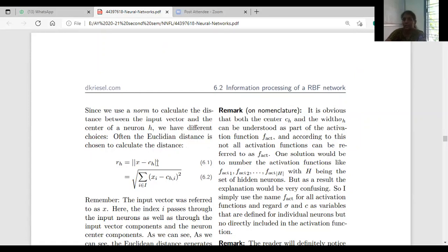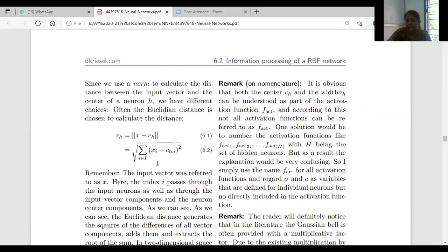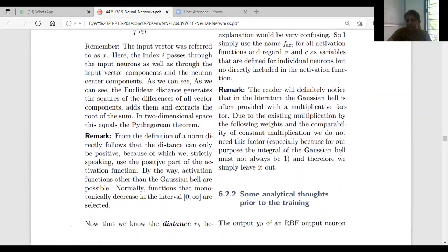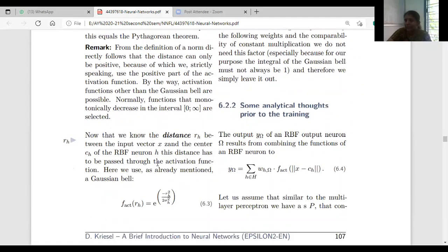Here the norm is used to calculate the distance between the input vector and the center of the neuron. So different numbers of calculations are involved, but this RBF network gives accurate results, and at the same time it acts very quickly when compared to back propagation.